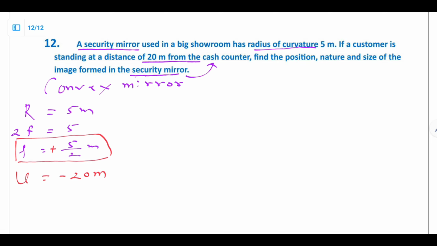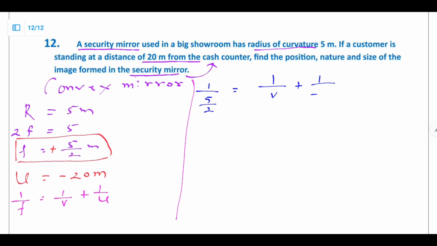1 by f equals to 1 by v plus 1 by u. 1 by f equals to 2 by 5 equals to 1 by v, that is the question mark we have to find, plus u equals to minus 20. Then 2 by 5 equals to 1 by v minus 1 by 20.